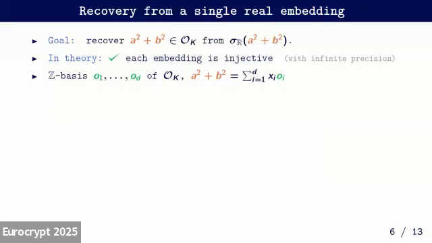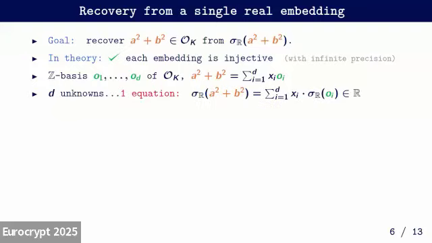So let's just write down a Z-basis of this ring of integers. We can do that with d elements. And then we know that a squared plus b squared is an integer combination of these elements. But this gives us d unknowns, we need to guess these integers x_i. At the same time, we have only one equation given by this real embedding. If you had all the embeddings, you could easily solve for the unknowns, but we have only one equation.